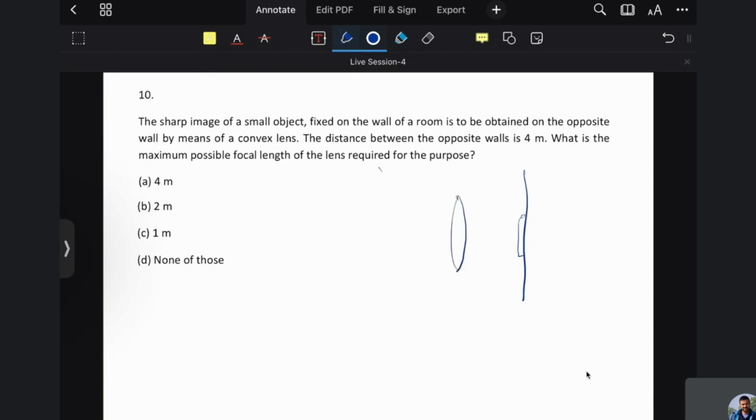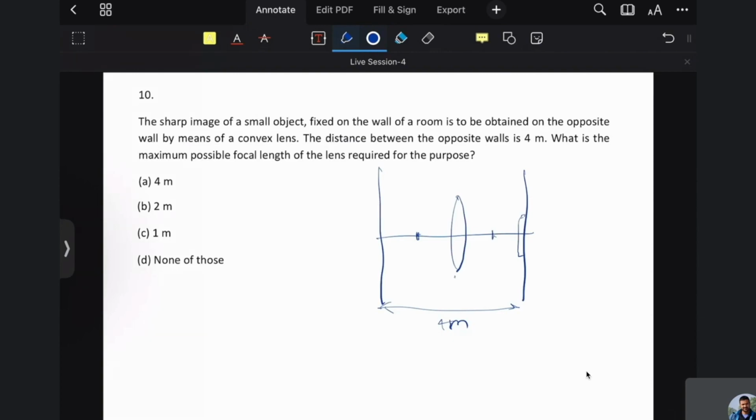So there is this opposite wall, and you have a convex lens in between, and the distance between the walls is 4 meter. Now the question is, what is the maximum possible focal length of the lens required for this purpose? So we need to calculate the maximum possible focal length.